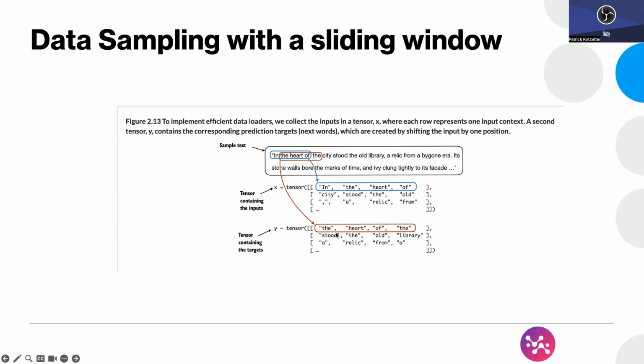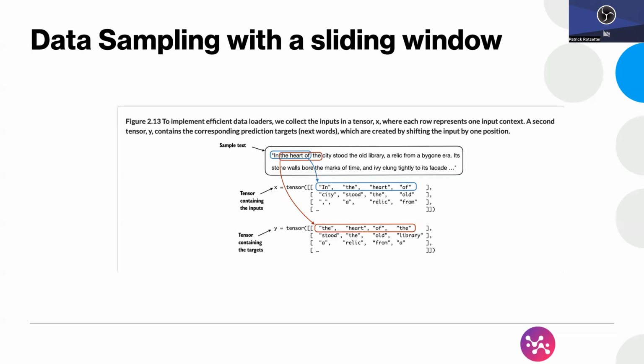Now we could try to predict 4 words. In this case, it would need to predict "the out of the," and so on and so forth. So it's a very important concept to understand, because it explains how large language models are trained using data sampling from text, so random samples, and then with a sliding window.